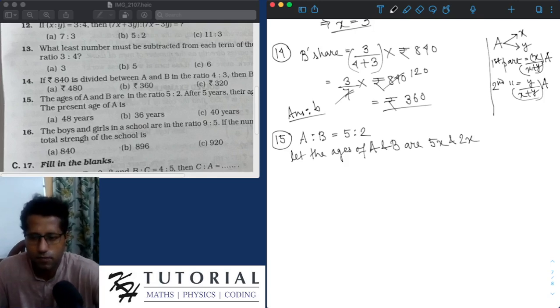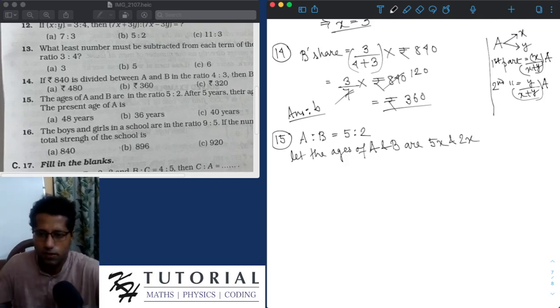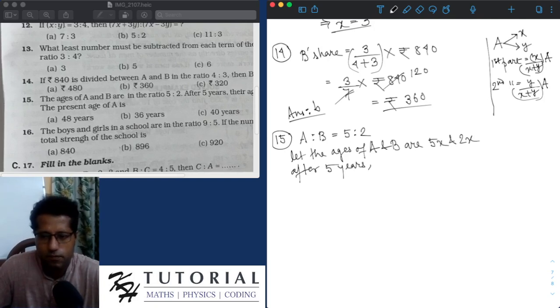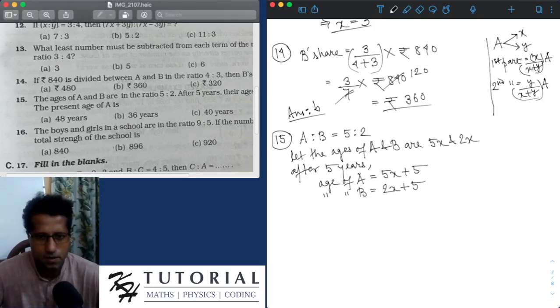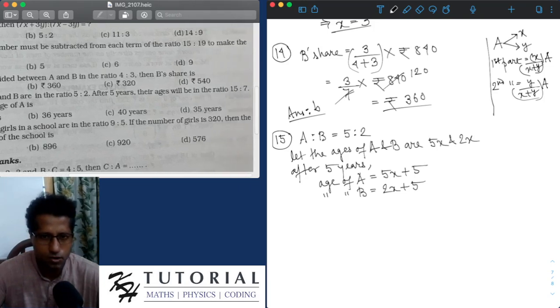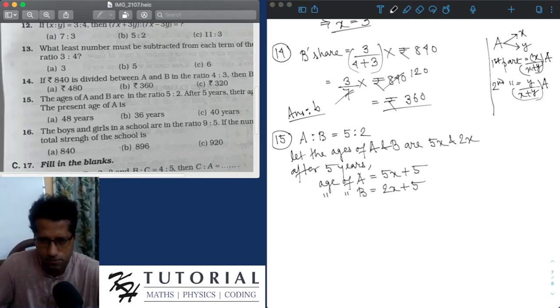After 5 years, the age of A becomes 5x plus 5 and the age of B becomes 2x plus 5, and the ratio of their ages is given to be 15:7.